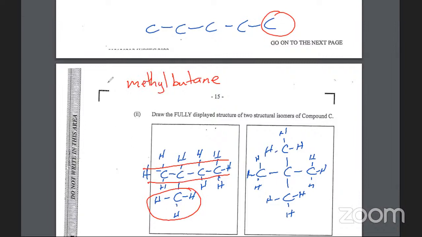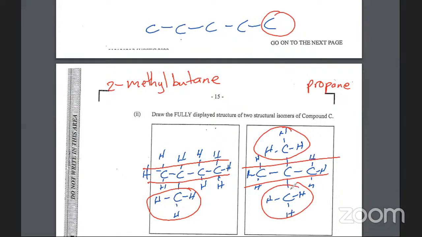It is on carbon 2, 2-methylbutane. This chain has 3 carbons. It is propane. You have a CH3 group above, a CH3 group below. So again, a CH3 group is called methyl. Because you have 2 of them, it is dimethyl. Both of them are on carbon 2, so it is 2,2-dimethylpropane.